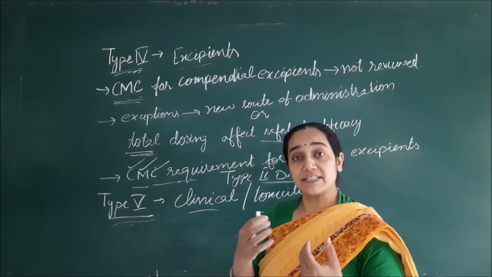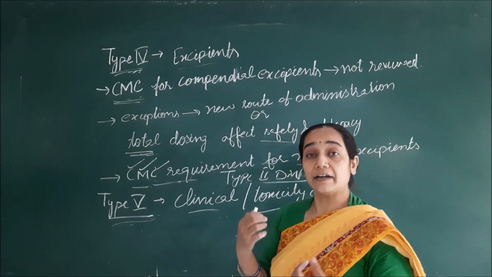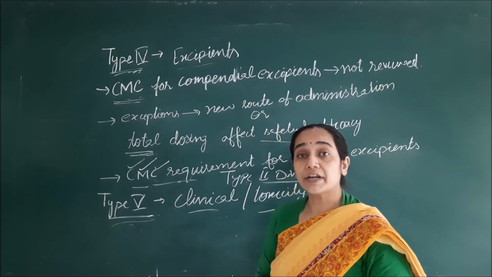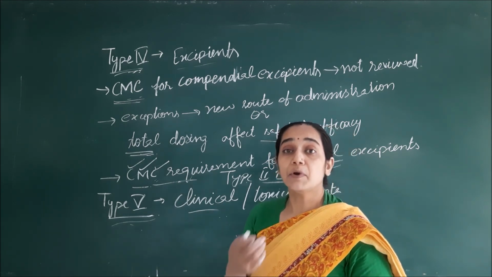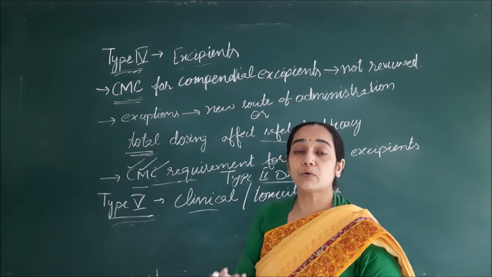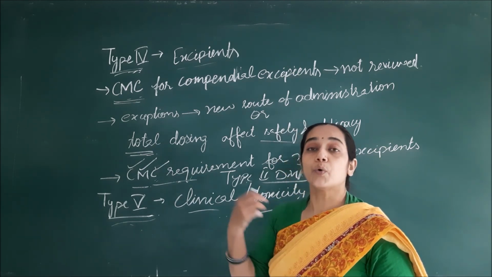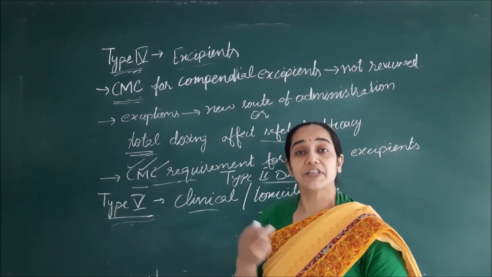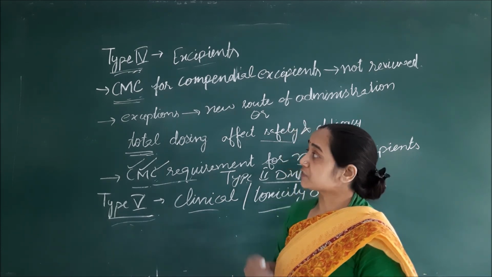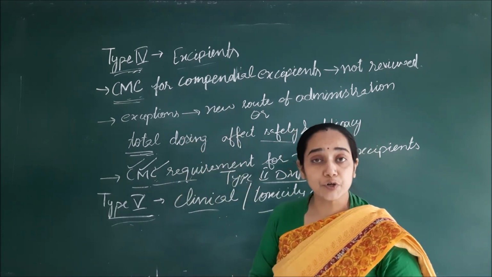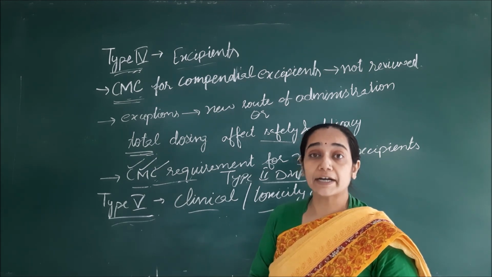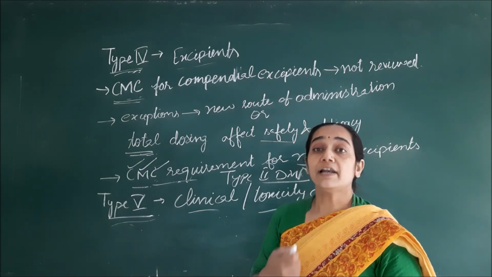Now FDA will receive these DMFs and review them, and they will set a time for discussion of the particular information with the holder or the agent who has the authority to correspond with the FDA. So in this way, these were the different types of DMF which are formulated in the pharmaceutical industry.